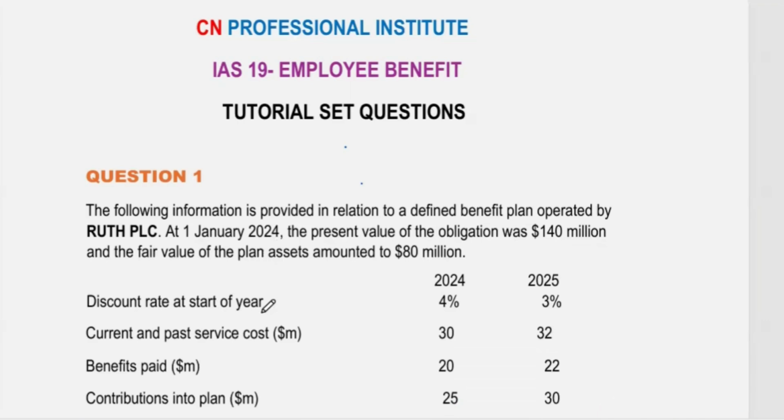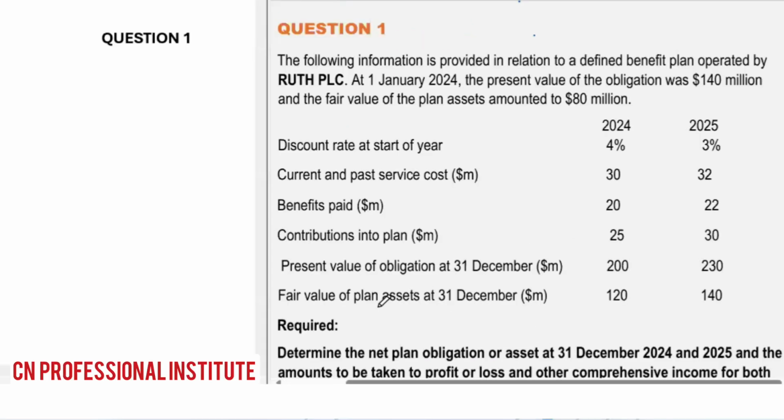Question one. The following information is provided in relation to a defined benefit plan operated by Root PLC. At 1st January 2024, the present value of the obligation was 140 million, and the fair value of the plan asset amounted to 80 million.